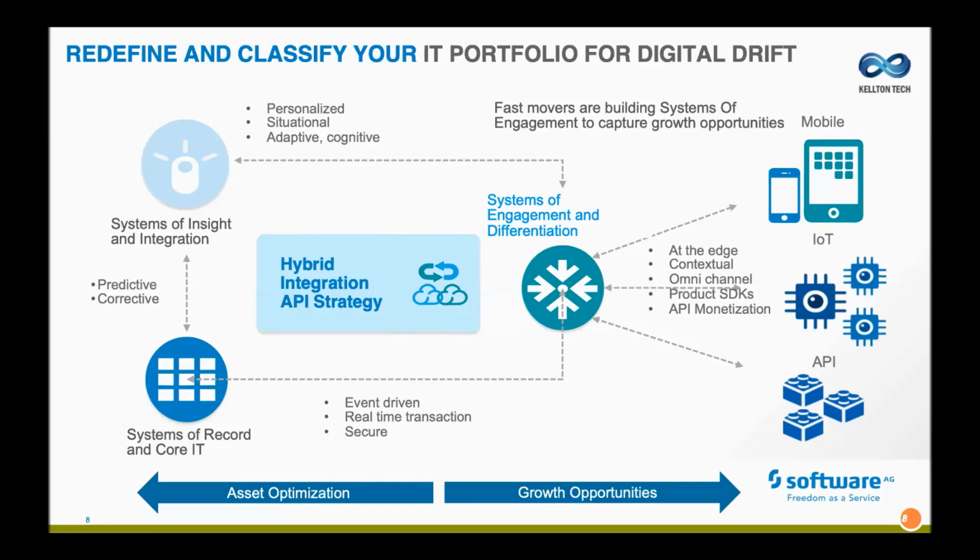What are those systems of engagement and differentiation, and what are those systems of mid-office, back-office optimization? And what will be those systems of differentiation for agility? Integration as well becomes your prime differentiating domain for your digital transformation.